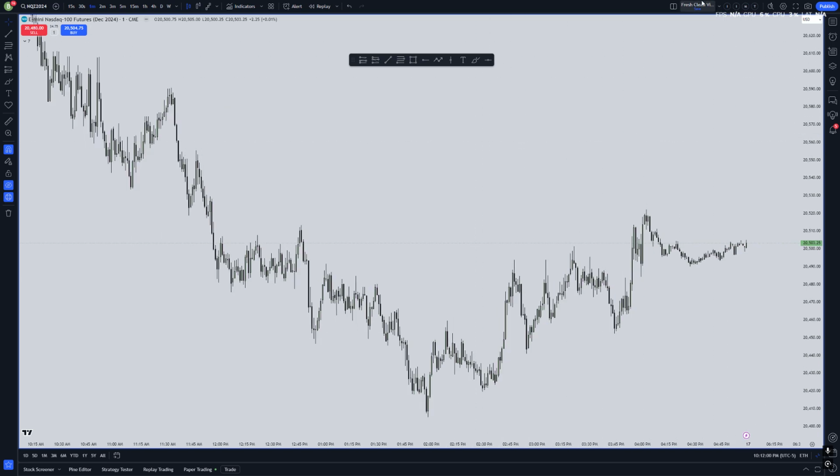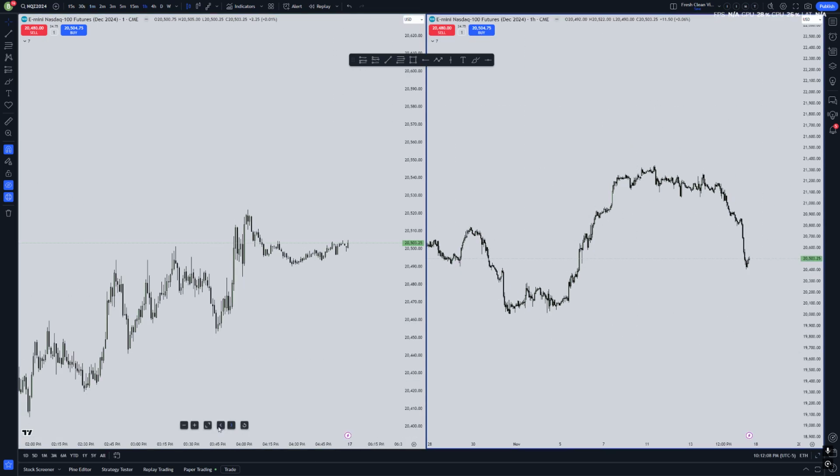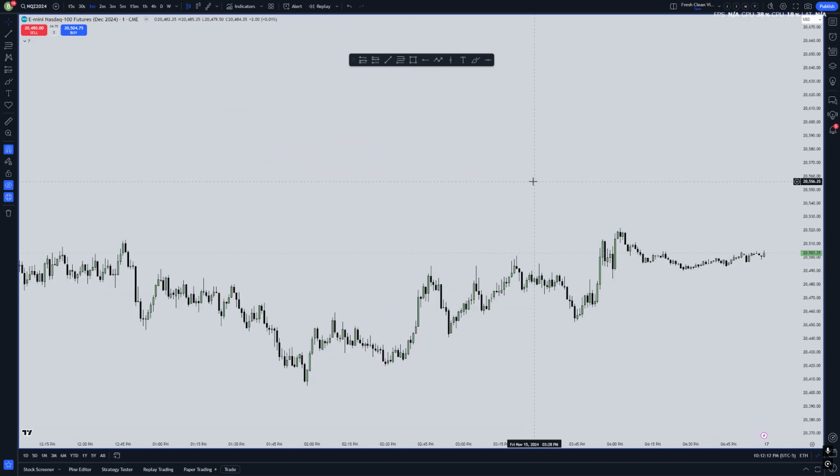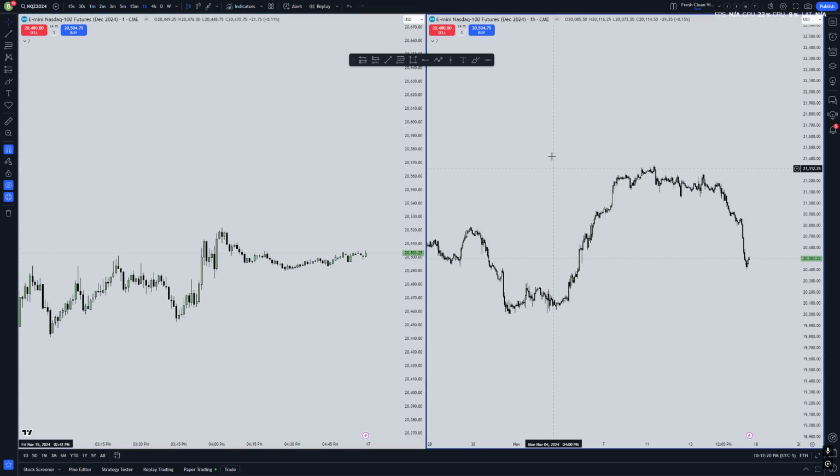So that's why I like to go at least with the 2, and then sometimes I just pop out here, see where we are, come back in. So yeah, it's preference at the end of the day. I need to get new monitors. Other than that, I would probably have this second chart always on a different monitor.